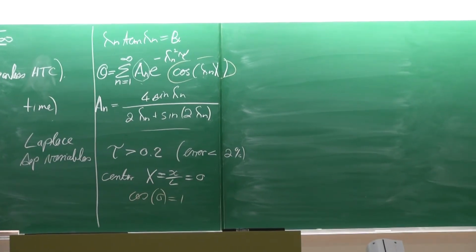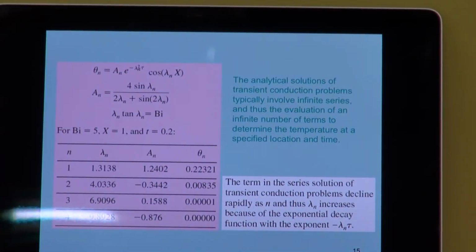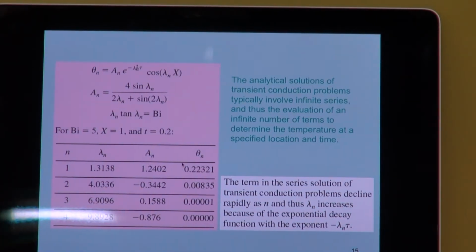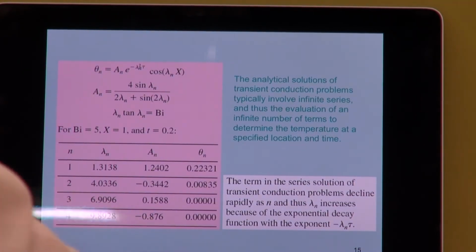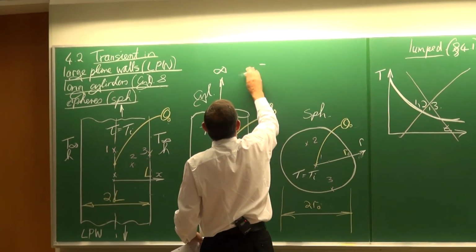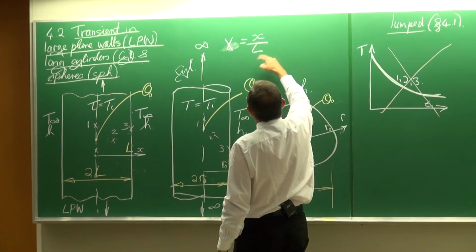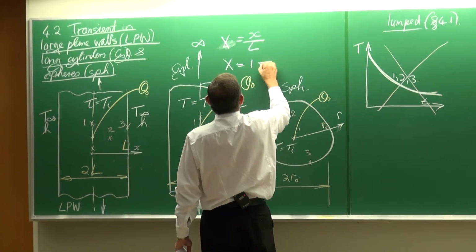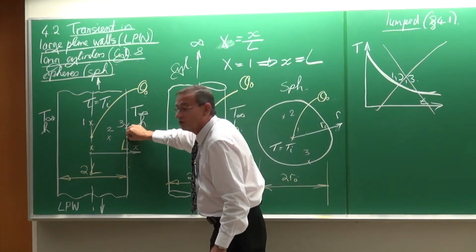So, if we now want to look at this table specifically, let's look at the case where the Biot number is equal to 5 and X is equal to 1. What does X equal to 1 mean? Capital X is equal to x divided by L. X equal to 1 means x should be equal to L. So that would be the case for the surface.